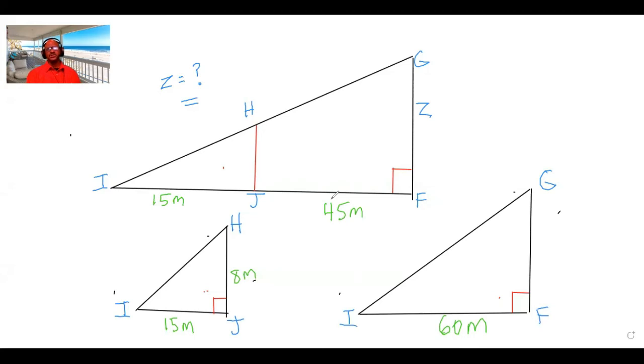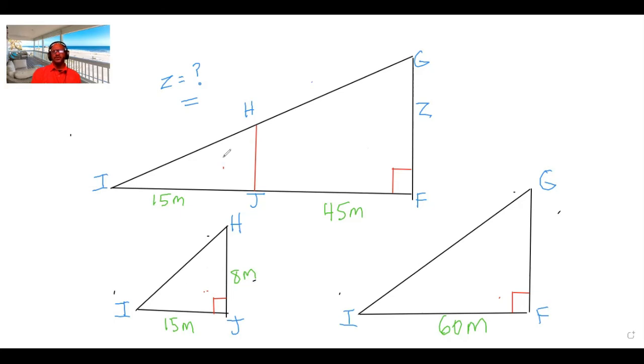So let's go ahead and color code the things we see that are similar, the similar or corresponding angles. Okay, so the first one we'll do is IJ, and don't worry about the big diagram here. We're just dealing with these two small ones that we made here because we're going to compare these two together.